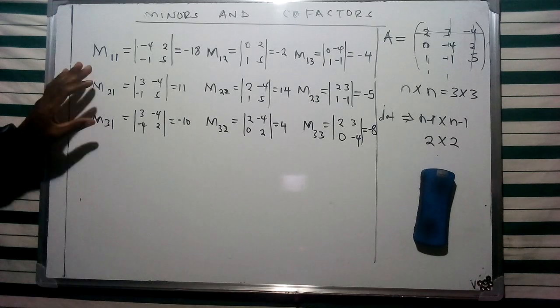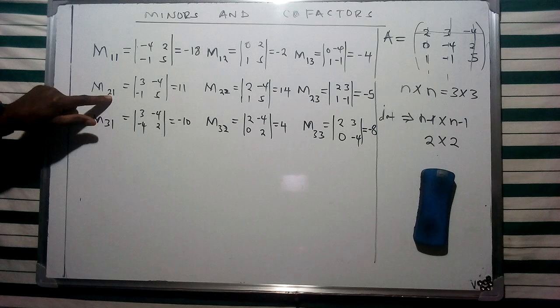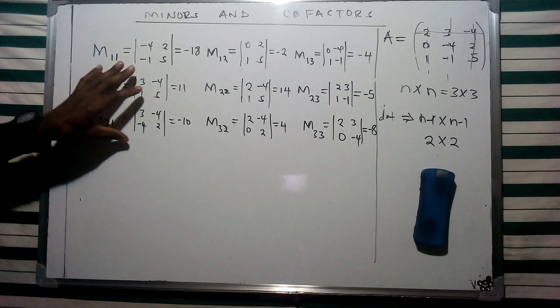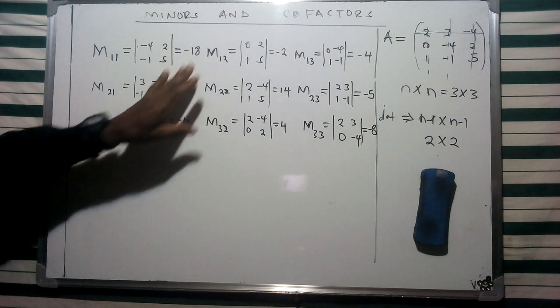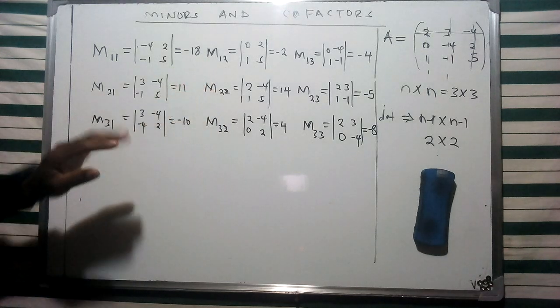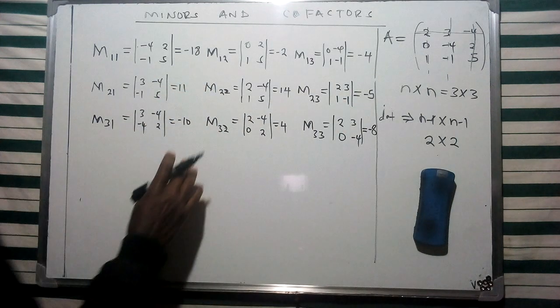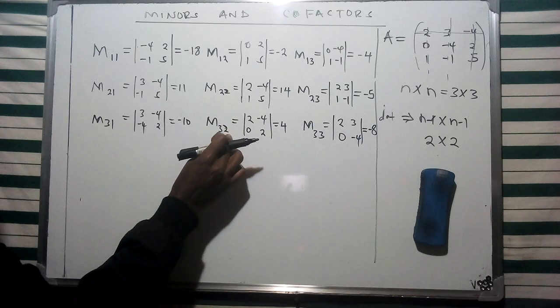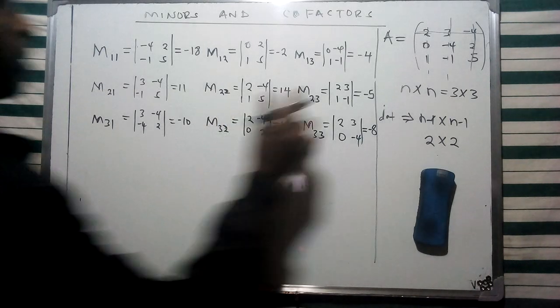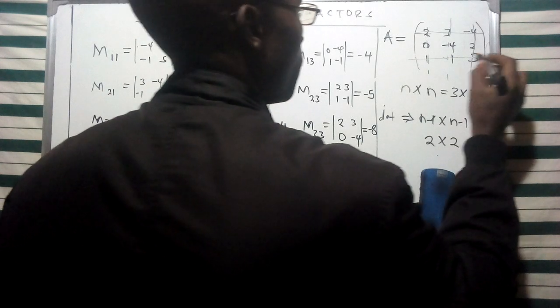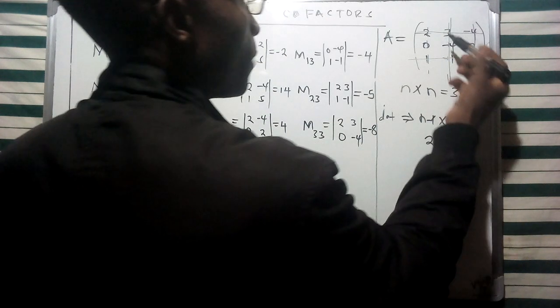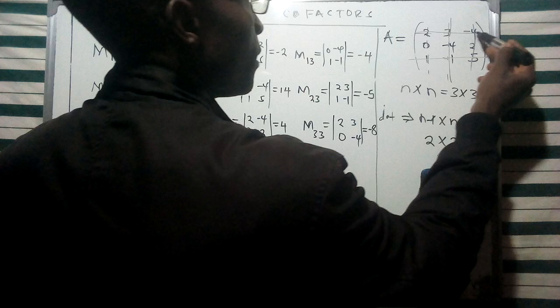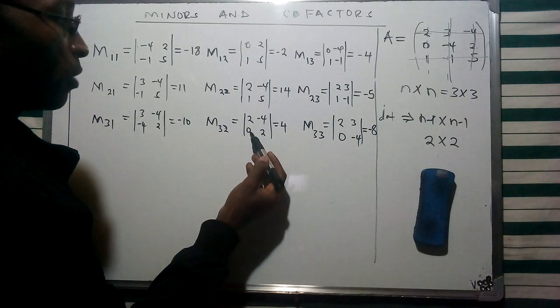So by deleting the specific ith row and jth column, we're going to obtain an array of numbers which are going to represent these specific quantities for the minor. And of course, if I choose this one at random, for instance, the third row and the second column, which basically means I'm going to delete the third row and the second column, this is going to give me the numbers 2, 0, negative 4, 2.